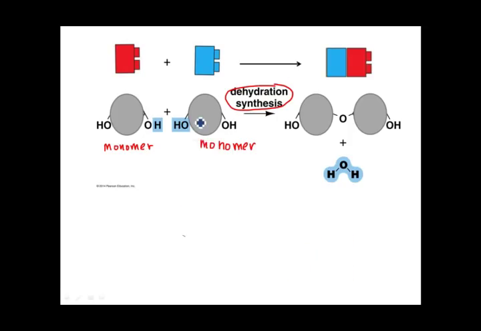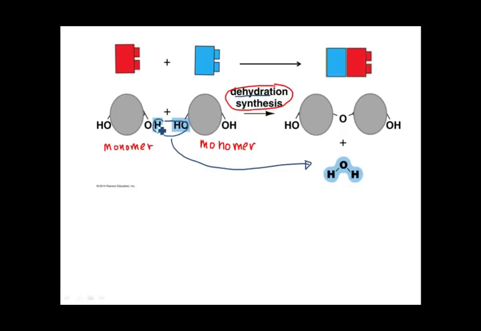So we want to link these 2 together, and when we do, we're going to take the hydrogen off of one and the OH off of another one, because they all have these OH groups hanging off of them at just the right places. And that's going to be taken off and made to form water. This is why it's called dehydration, because you're pulling water out.